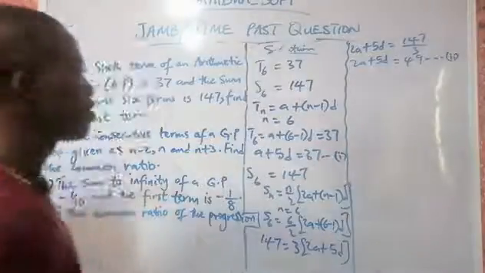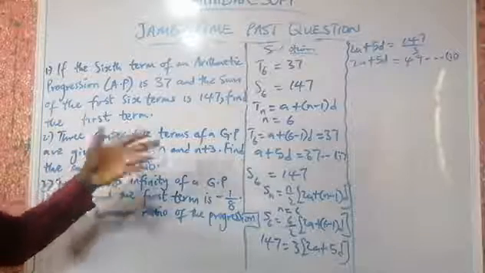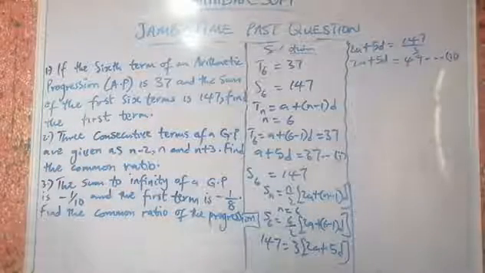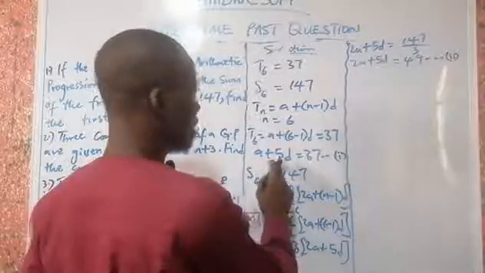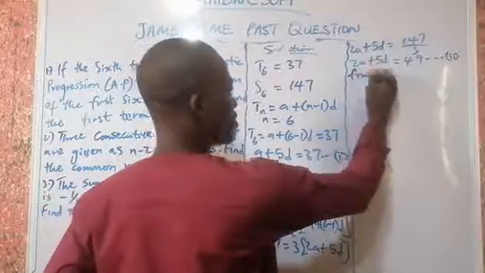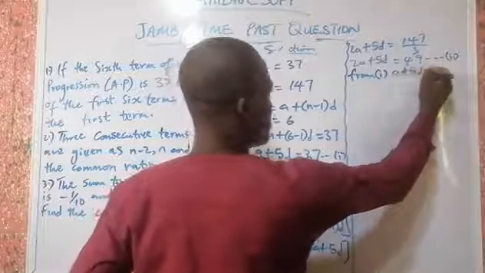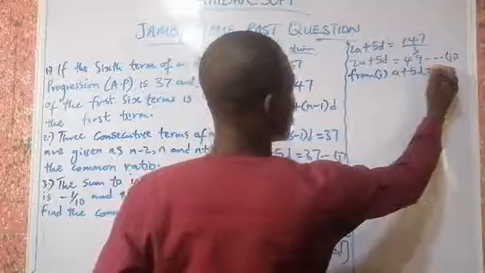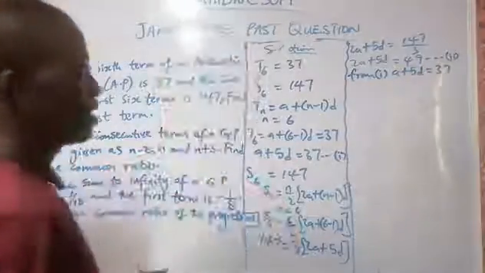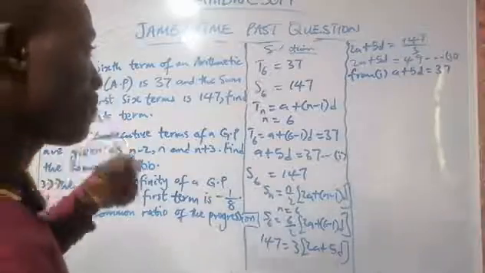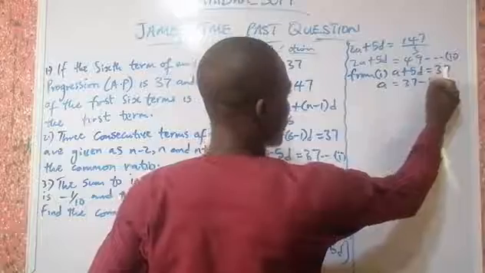Don't forget what they want us to calculate: we should find the first term, so we are looking for a. From equation 1, a plus 5d equals 37, so a equals 37 minus 5d.